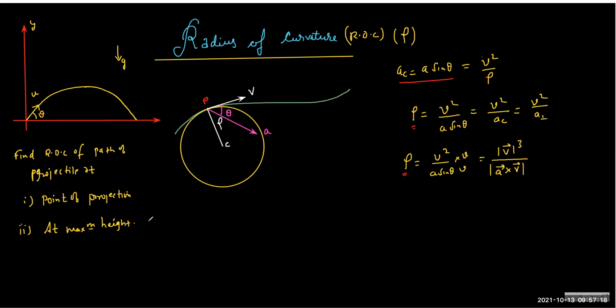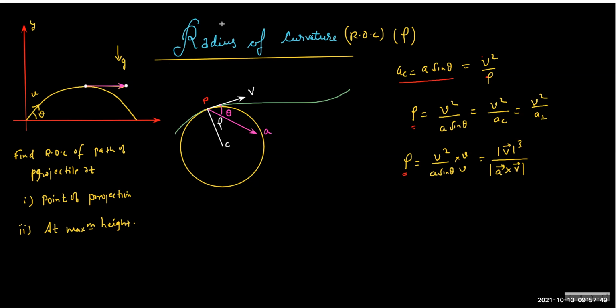Yes sir, the maximum height will be u by g cot theta. See, the question is to find the radius of curvature at the maximum height of the journey. Look at this.